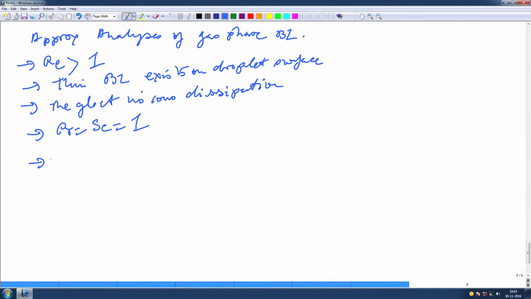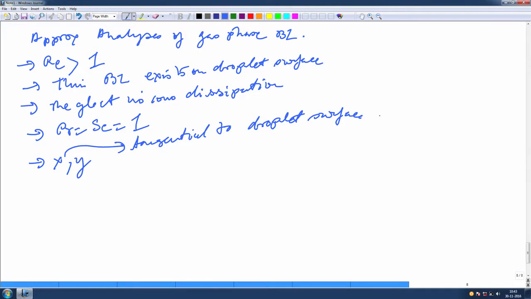Okay. x,y in our expression means x is tangential to the droplet surface, okay, and y means normal to the droplet surface. Got it?